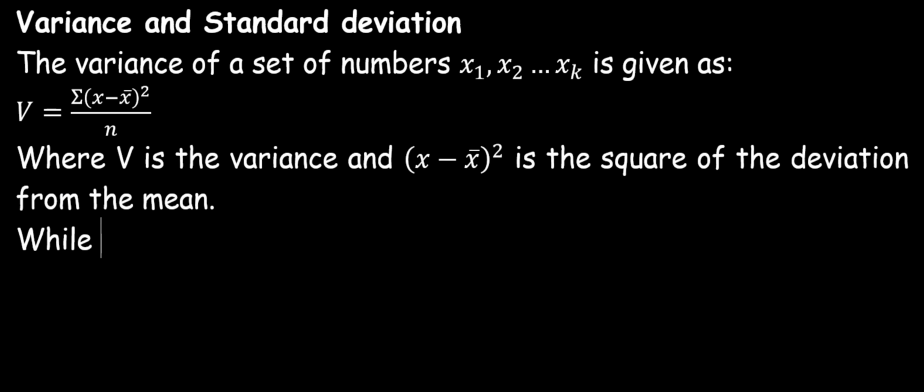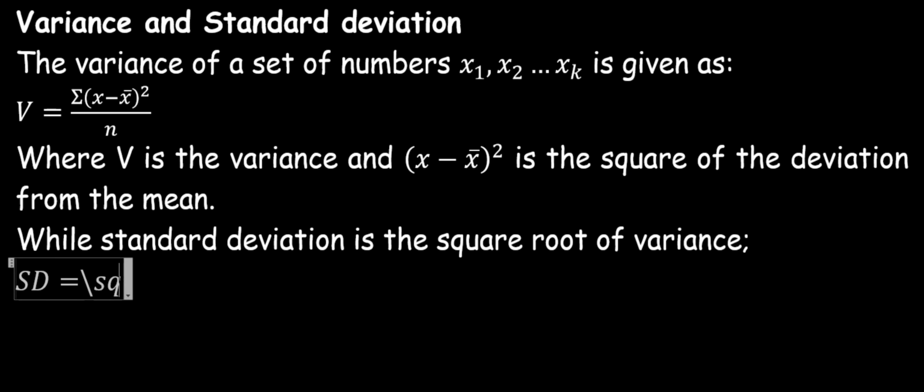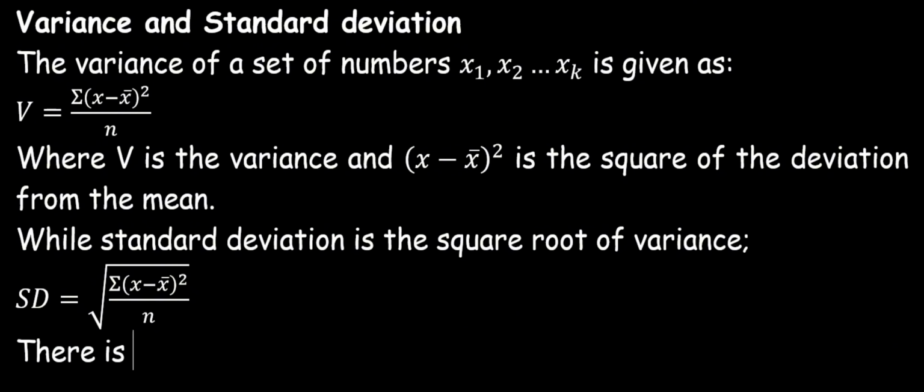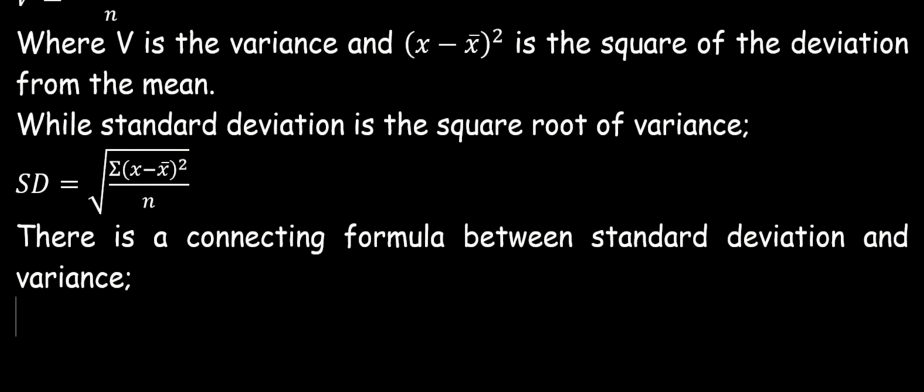Standard deviation is the square root of variance, written as SD equals the square root of the variance formula quoted above. There is a connecting formula between standard deviation and variance. 1. Standard deviation is equal to the square root of variance. 2. Standard deviation squared is equal to variance.